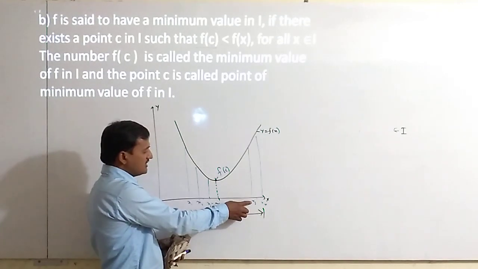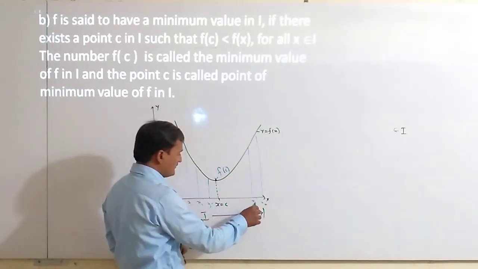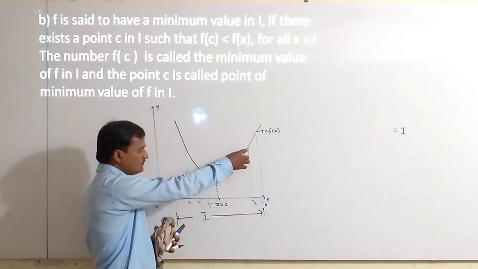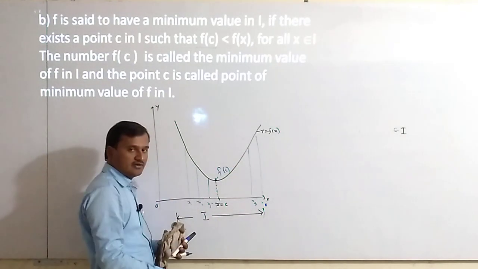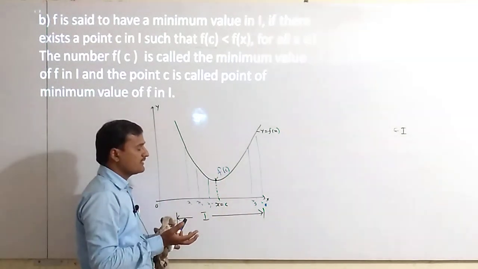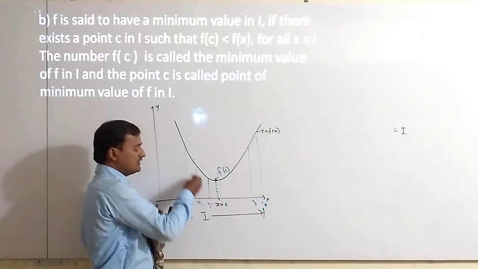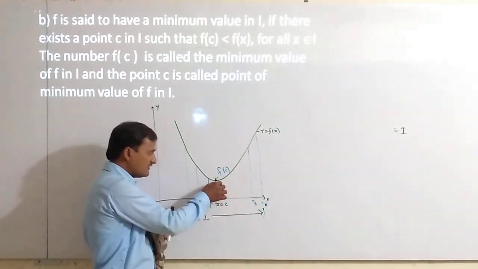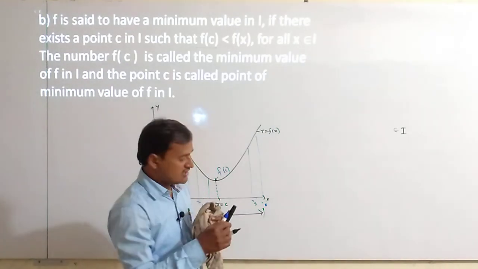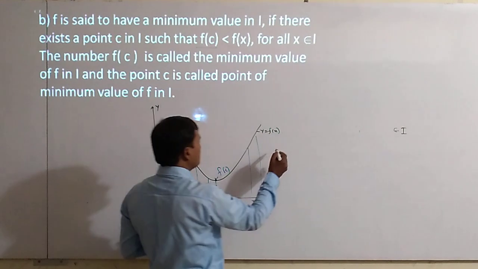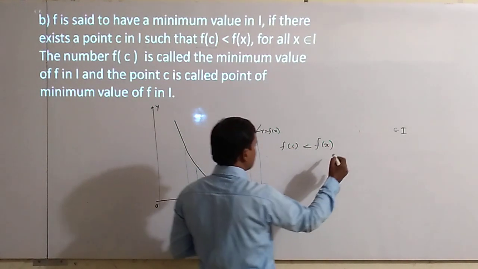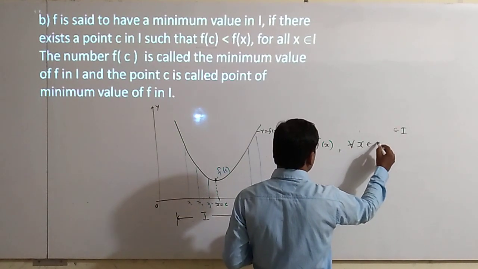Similarly f of x5 and f of x6 are more than f of c. It means that by comparing all the functional values in I, f of c is the least. Hence f of c is clearly less than f of x for all x belongs to I.